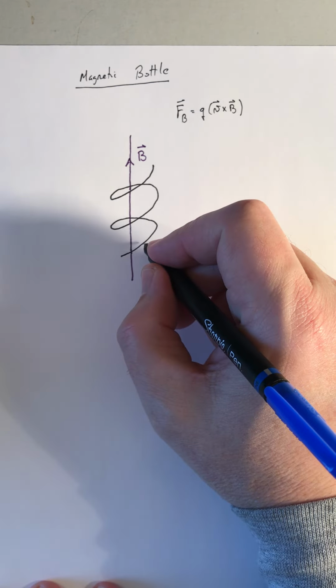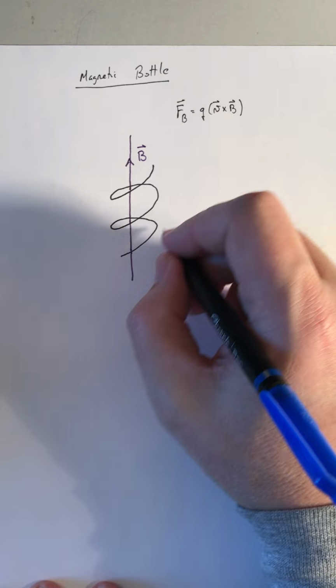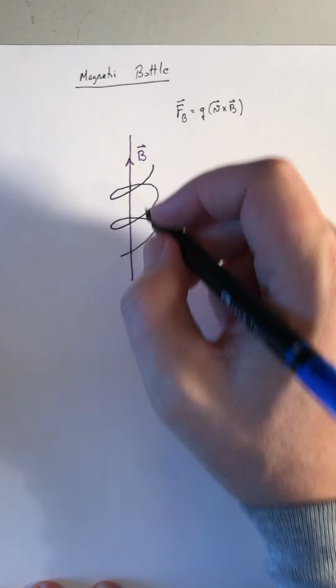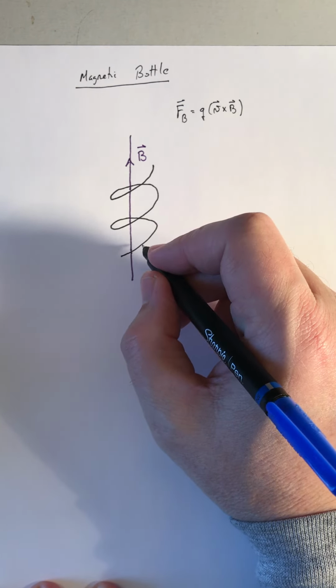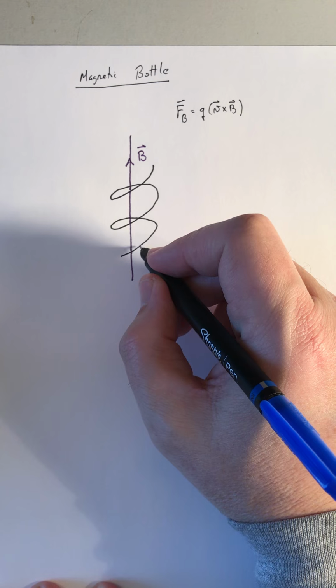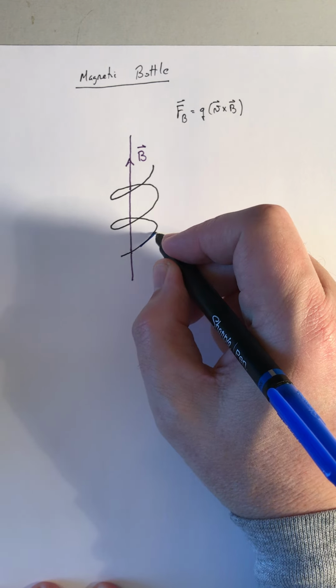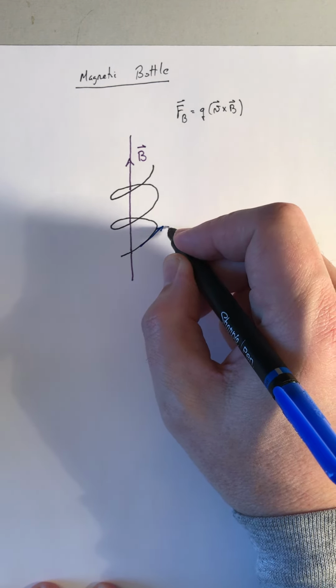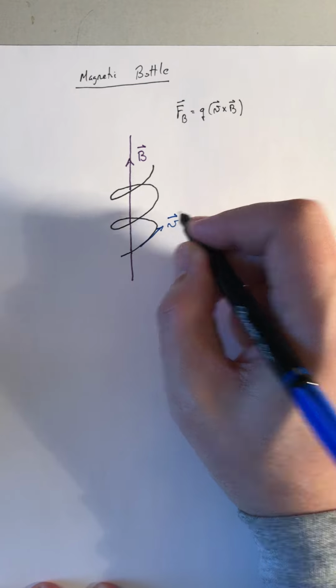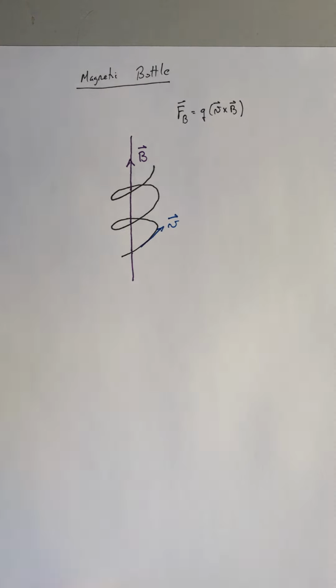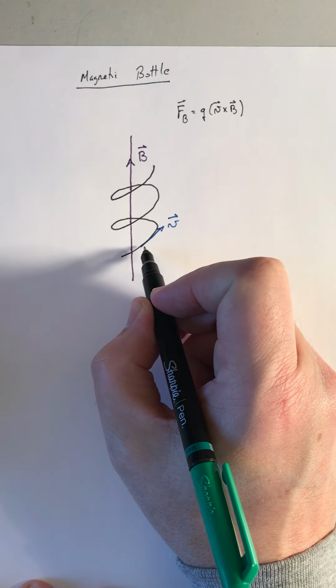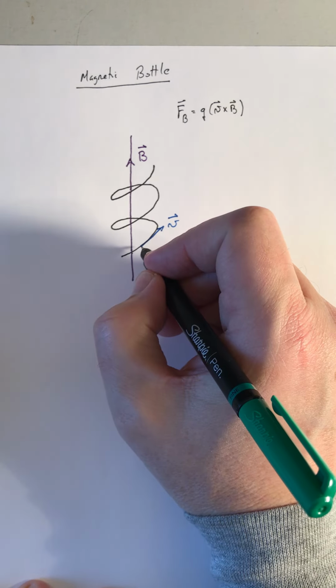One of the things we're asked is, at this trajectory for this particular particle, can we determine if it is a positively charged particle or a negatively charged particle? So for its trajectory, I'll pick that to be its point we're going to analyze. So there is the velocity.